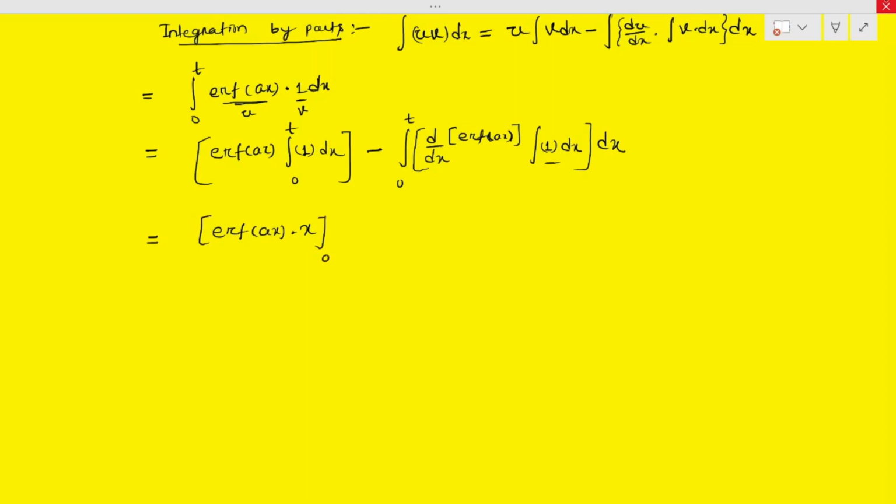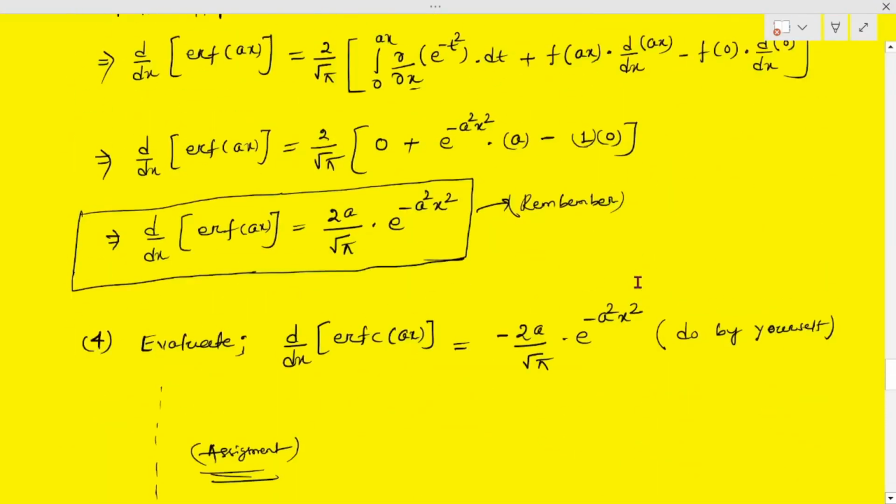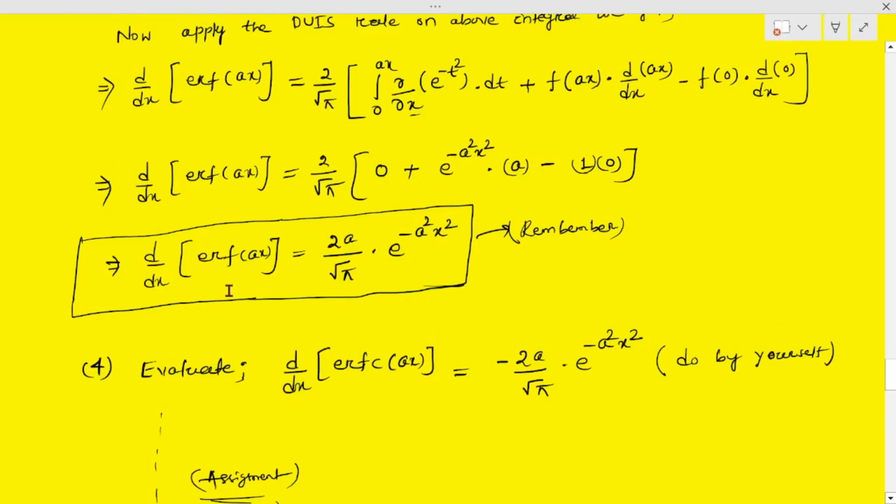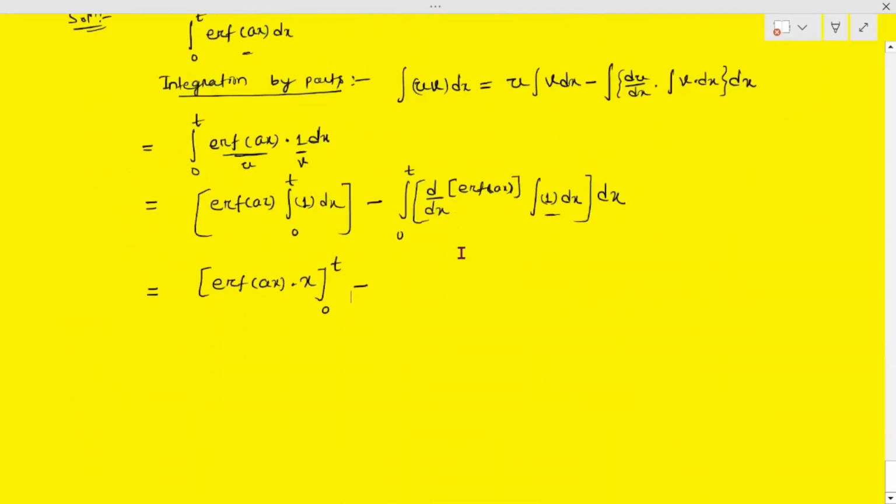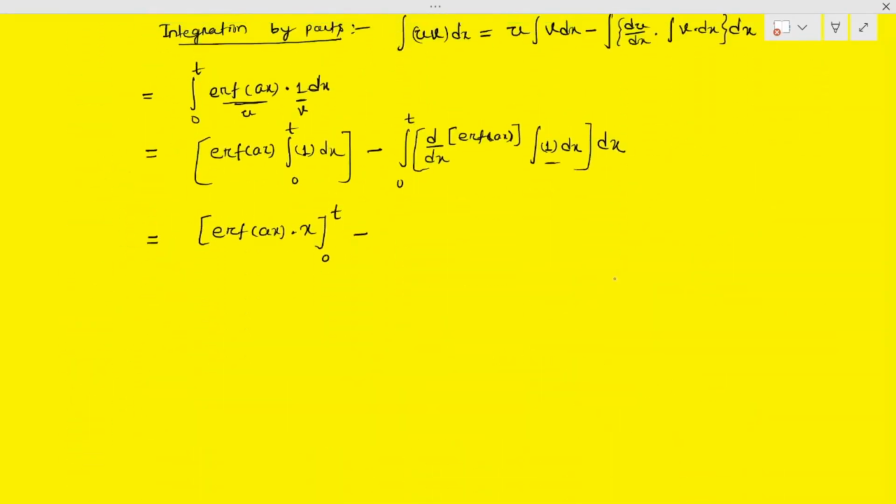Minus, here the differentiation of error function ax we are going to substitute directly from our previous class, where we evaluated d by dx of error function of ax equal to 2a by root pi into e to the power minus a square x square. We are going to substitute that over here directly.